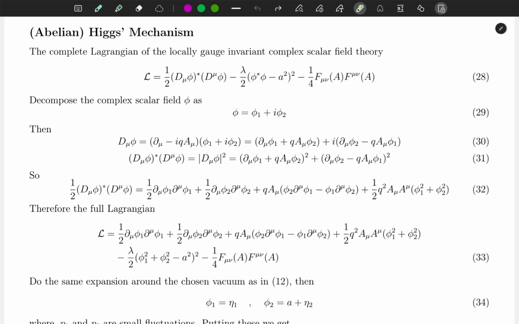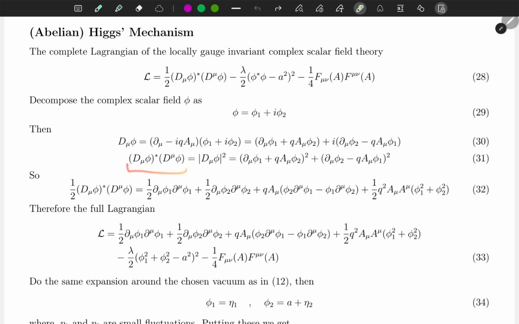First we will write the scalar field again in terms of two real fields phi1 and phi2. Now it is very simple: you apply D mu phi to this expression phi1 plus i phi2, and you end up with this expression.